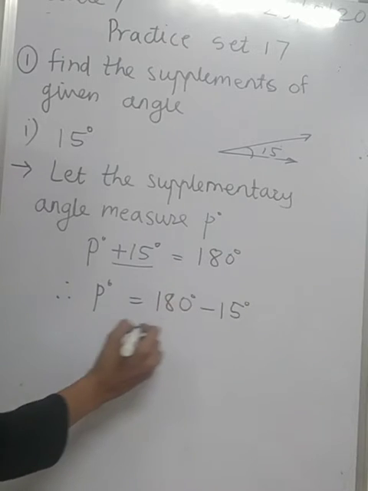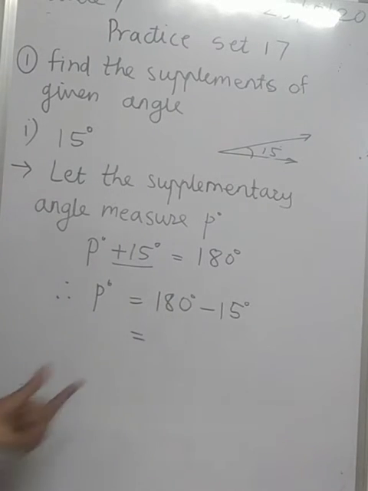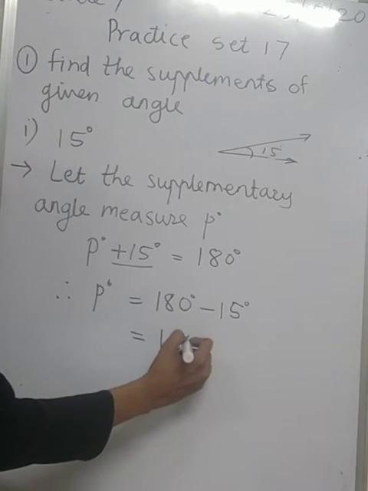So 180 minus 15, you will get 165 degrees.